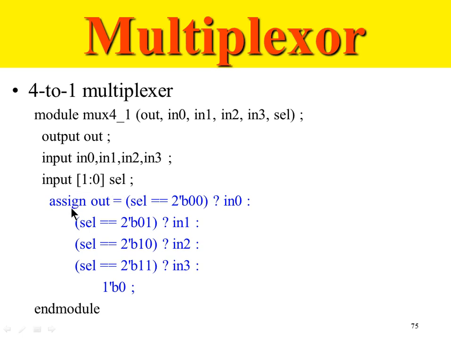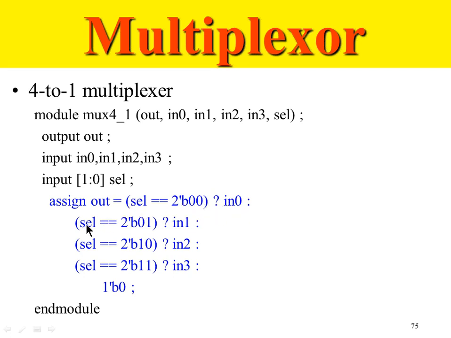Now in this case again we can use a continuous assign statement. Assign out is equal to, this is called a conditional operator, question mark and colon. Assign out is equal to select equal to 2'b00 question mark in0. The way it is read is, if select is equal to binary value 00, in0 goes to out.